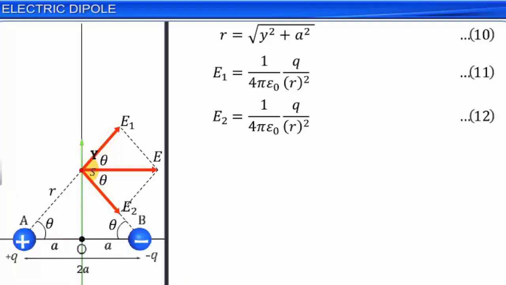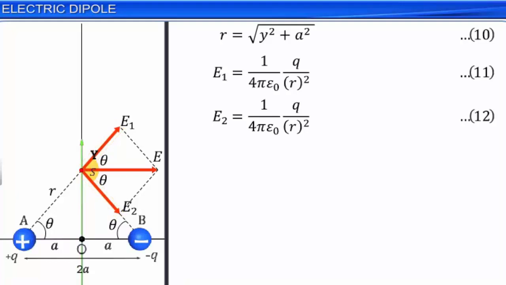By geometry of the figure, the resultant of E1 and E2 is parallel to the x-axis and is directed along AB. Let us consider the components of E1 and E2 along the x and y axes to find the magnitude of the resultant electric field at the point S.